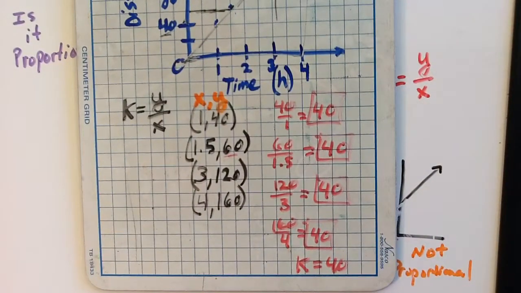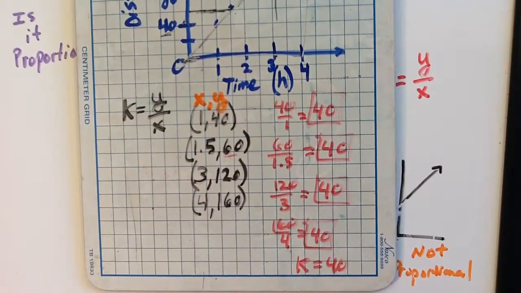So now I have my two criteria met. I have a k, a constant rate of change, which in this example is 40, and I have the straight line passing through the origin. And if those two criteria are met, if there is a constant rate of change, a constant of proportionality, and the line passes through the origin, then yes, the relationship is proportional.